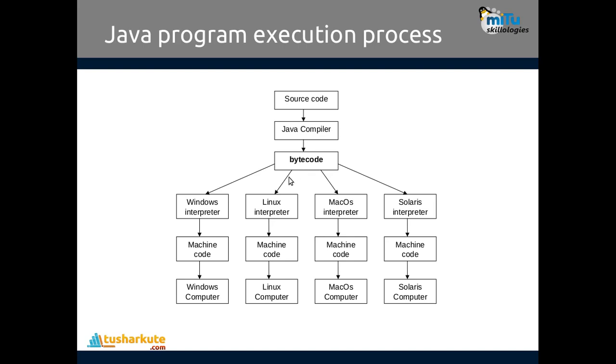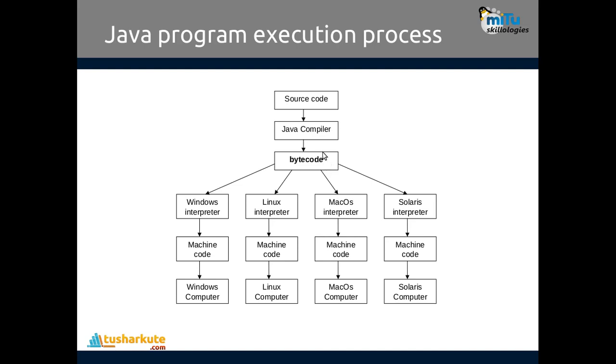It means any kind of operating system can execute this particular file. So here there is the compiler, then bytecode, and then the interpreter. The Windows interpreter will convert that file into executable format on a Windows computer; likewise a Linux interpreter on a Linux computer, Mac OS, Solaris, and so on. That's why it is platform independent.